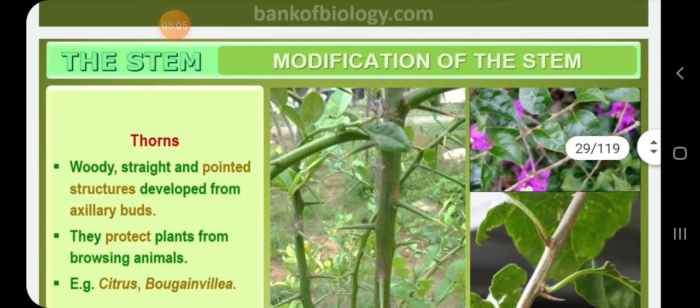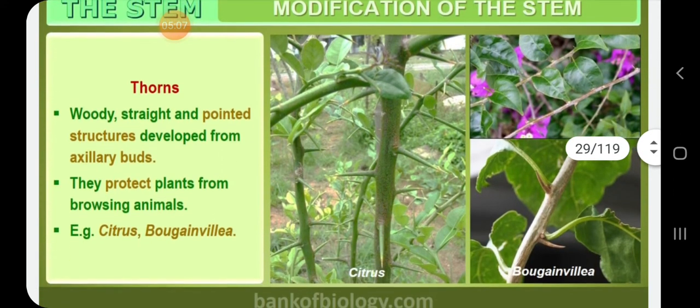Now, next is thorn. Woody, straight, pointed structure developed from axillary bud. The buds between the stem and the branches, there will be axillary bud, and that is developed into a pointed woody thorn.